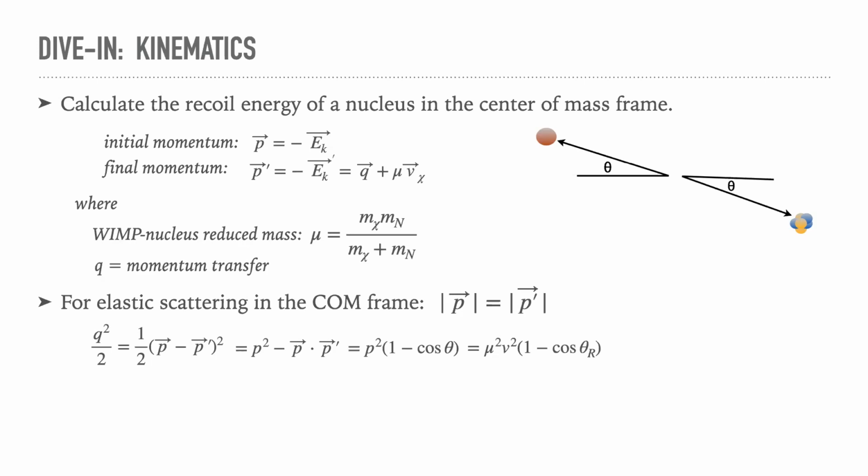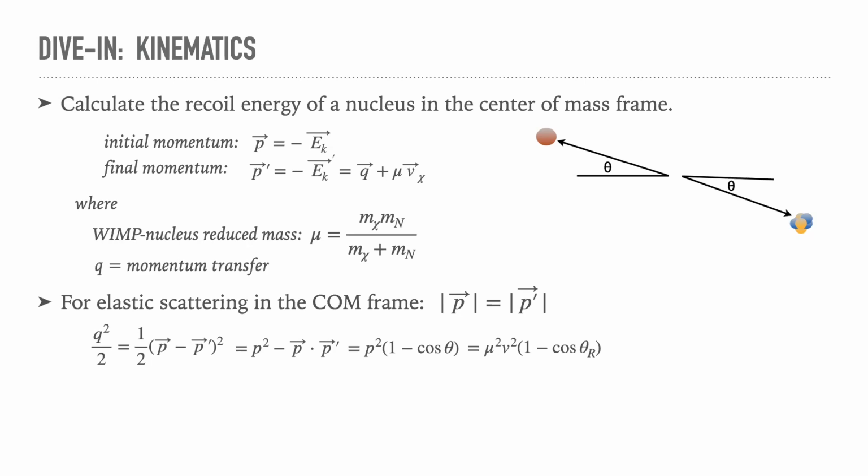And then if I substitute in the reduced mass, so my momentum transfer, remember, is just mass times velocity because this is just non-relativistic. And I square that, I end up with my reduced mass squared times the velocity squared times 1 minus cosine theta. And here I changed my notation a little bit.